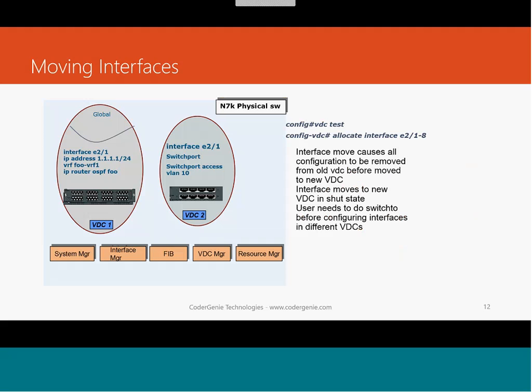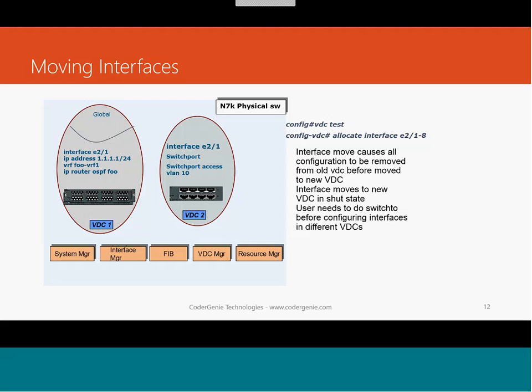Moving the interfaces. You can move interfaces from the default VDC to the respective VDC. As soon as you move an interface from one VDC to another VDC, all the configuration gets lost. So if you have an interface on which you're running spanning tree, or you made it a trunk port, and you move it to another VDC, say from VDC 2 to 3, all the configuration will get lost.